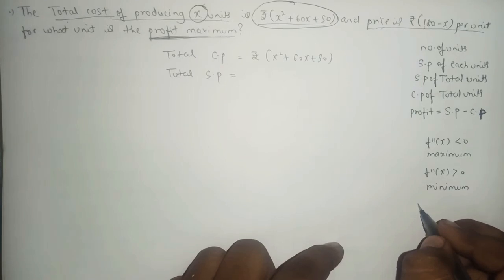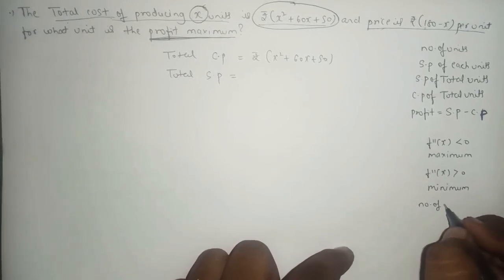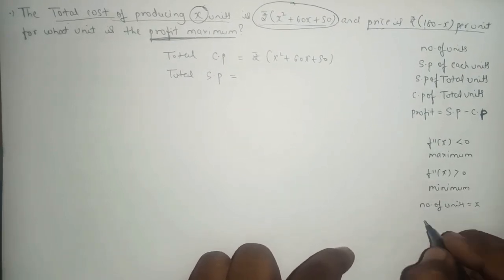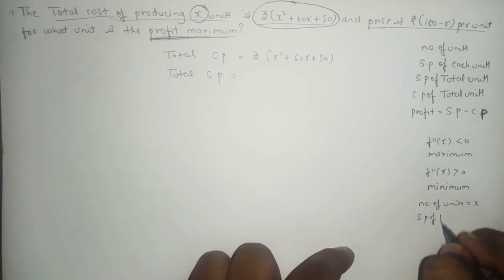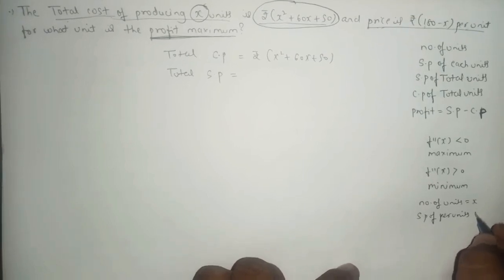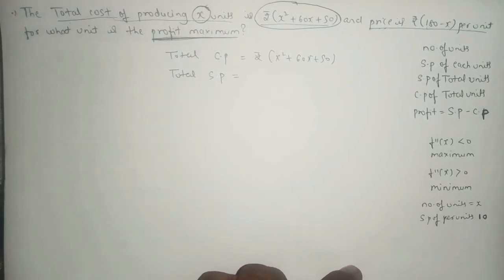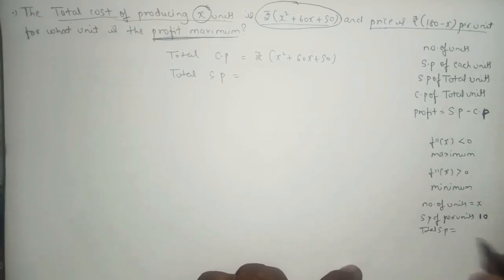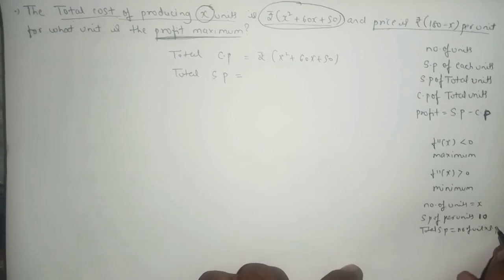Suppose we have the number of units as x, and the selling price per unit is 10. So what will be the total selling price? Number of units into the selling price will be the answer.